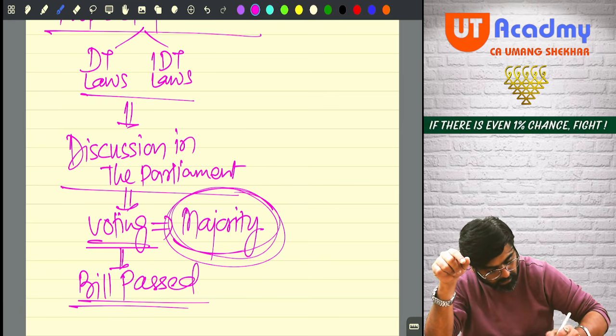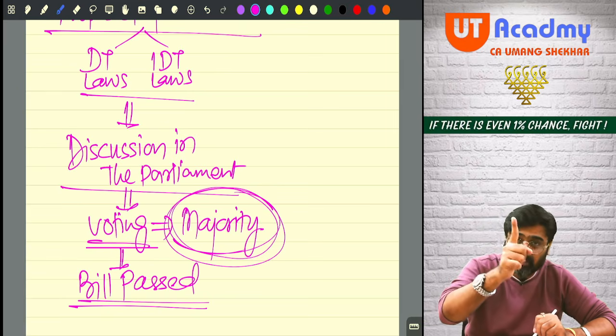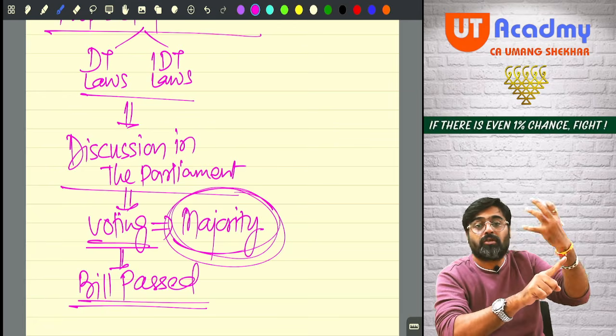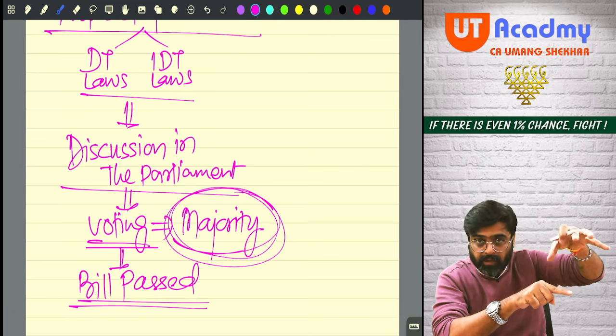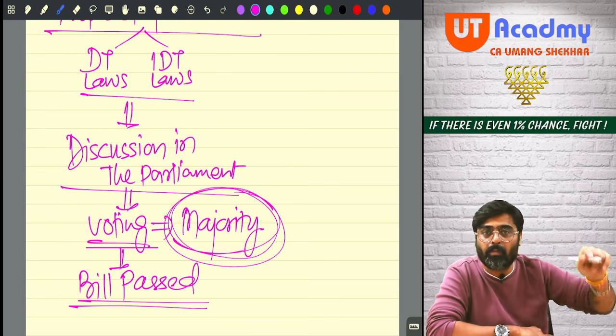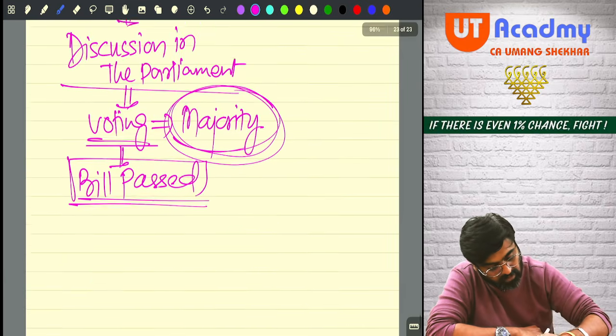And the bill which is passed, that was finance bill 2025, which was discussed in the parliament, voting was done, and because of the majority voting in the favor of the bill is passed in the parliament from both the houses.